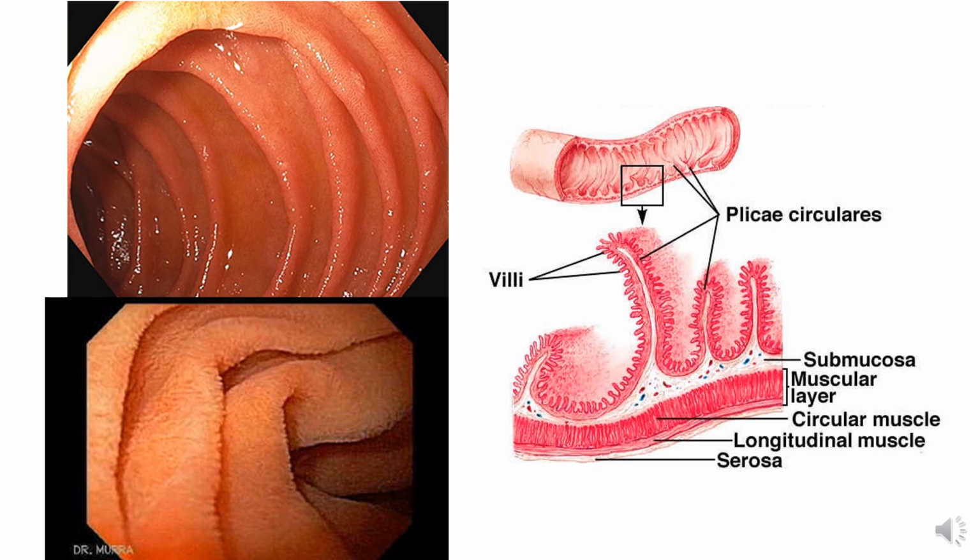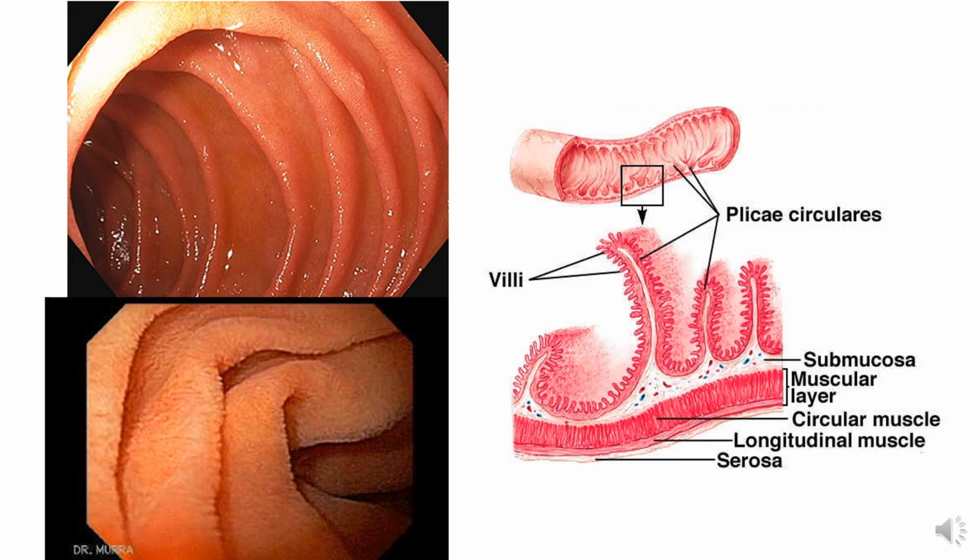These are visible with the naked eye. These are also known as valves of Kerckring. They are circular folds of mucosa. Unlike rugae of the stomach, these concentric folds are a permanent feature of the small intestinal mucosa. They do not disappear on distension.